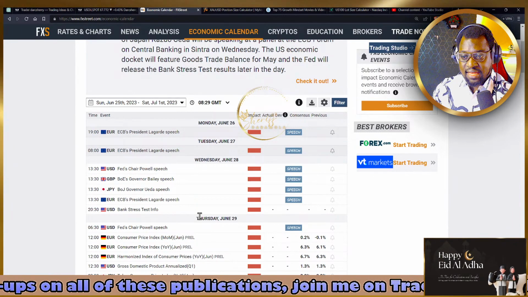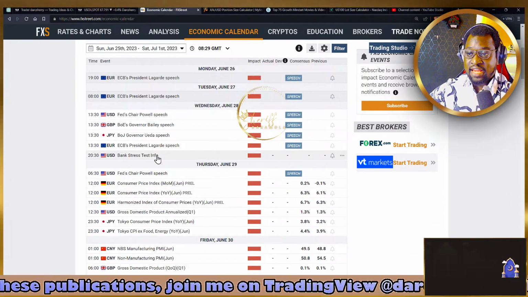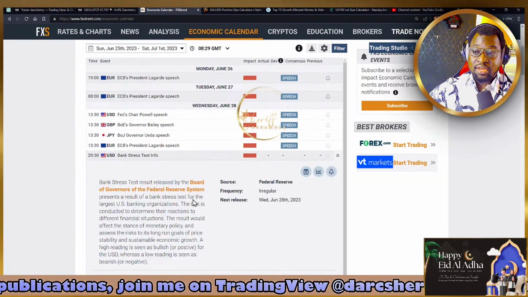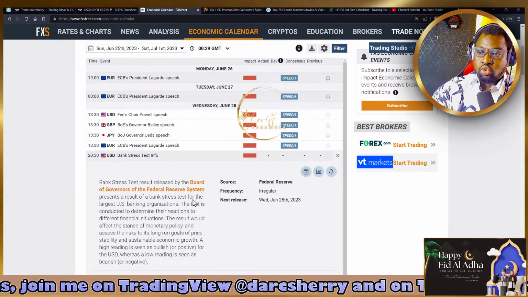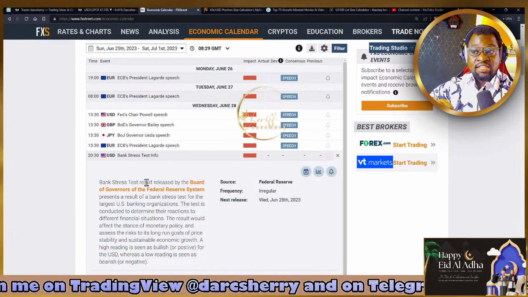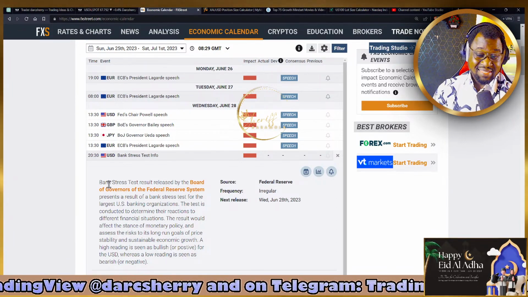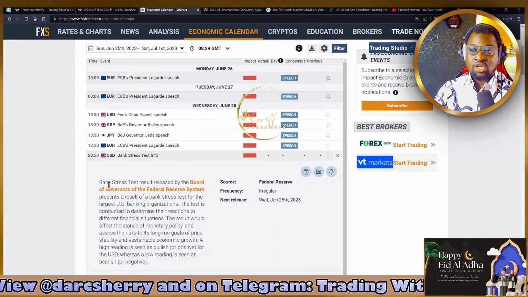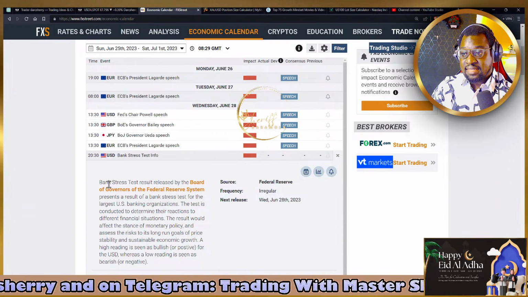Then later on today, we are going to have the bank stress test coming in from the U.S. economic docket, which is one event that everyone will be looking forward to. This test result is released by the Board of Governors of the Federal Reserve System, and it presents the result of a bank stress test for the largest U.S. banking sector.